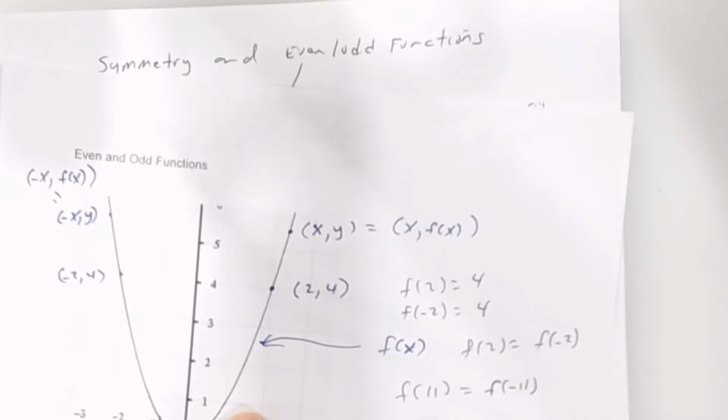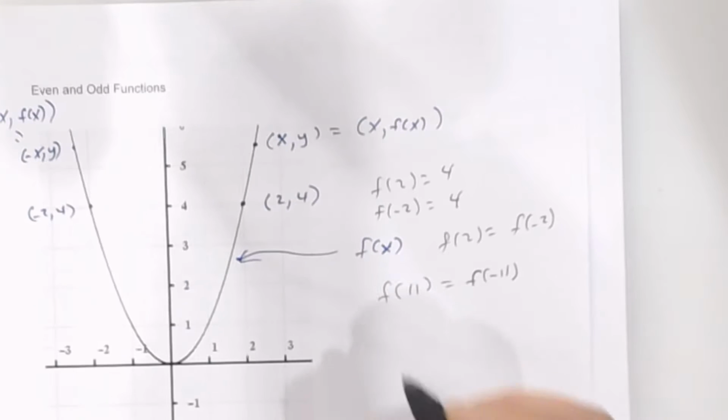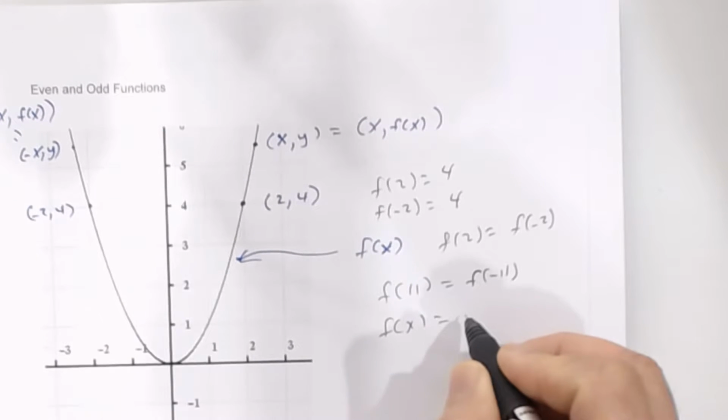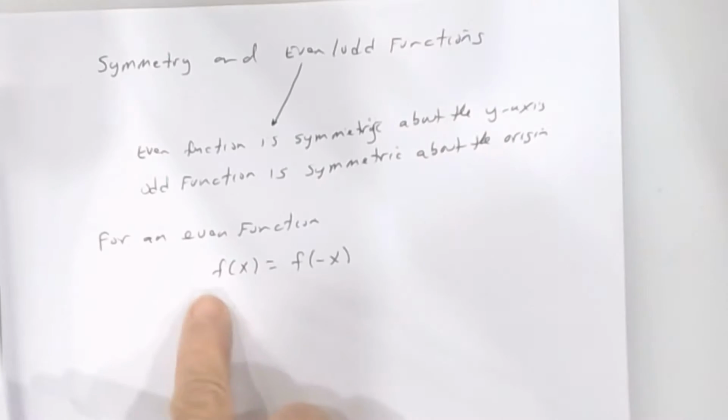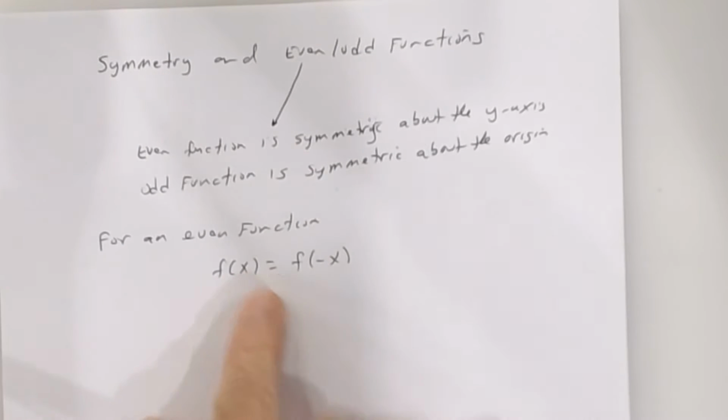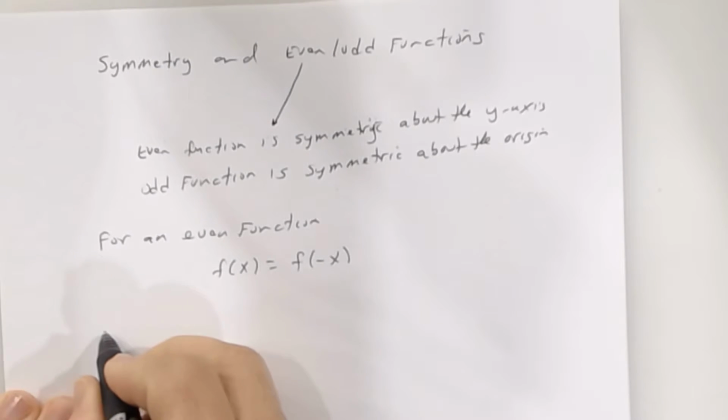F of negative 11. So f of x better be the same as what? F of negative x. And that's that point that I was making here. So if you have an even function, then f of x better be the same as what? F of negative x. Okay? For an odd function, let's discuss an odd function.